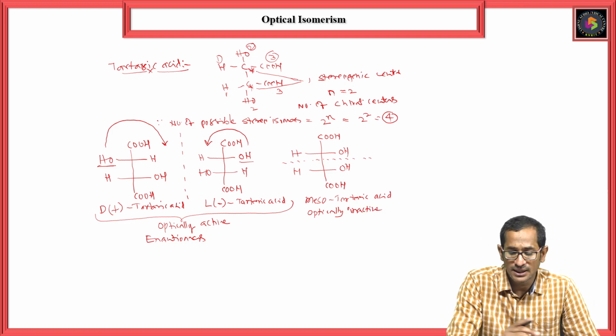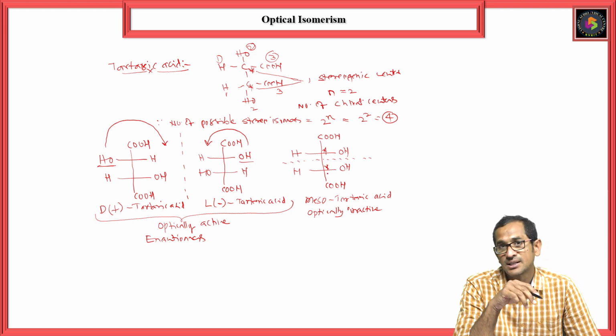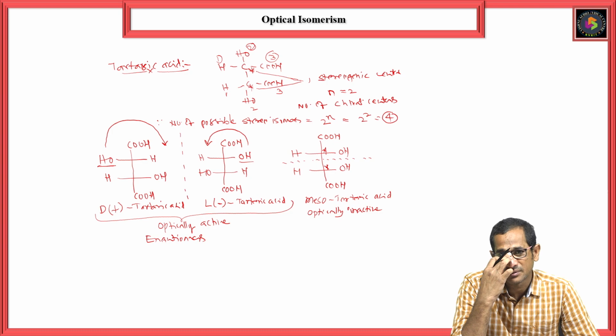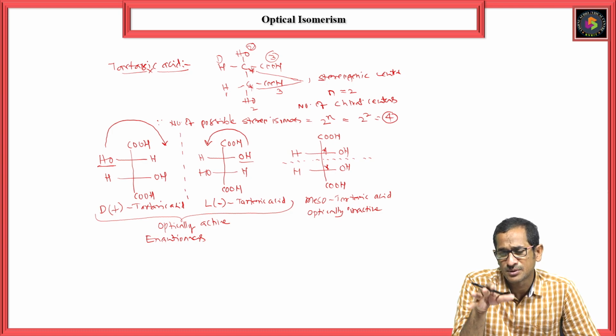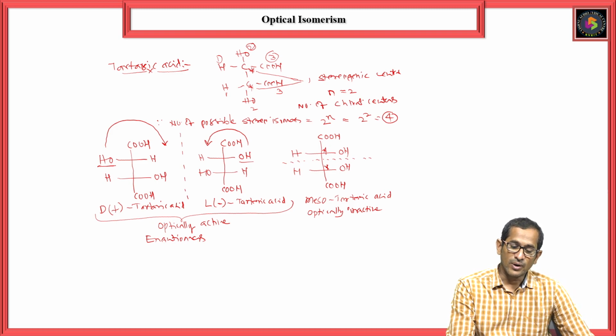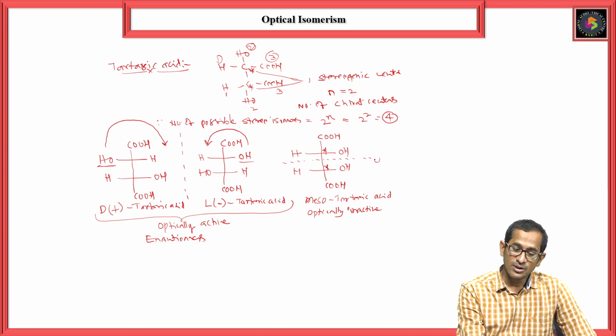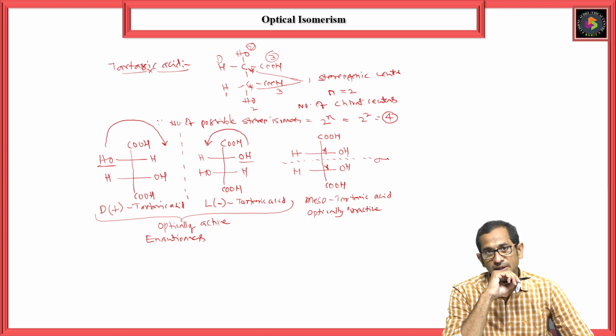Why is it optically inactive, even though it also contains the 2 stereogenic centers like the other 2 isomers? All have the same chemical formula, but the arrangement is different. First we will discuss why it is optically inactive. It is optically inactive due to the presence of the plane of symmetry.